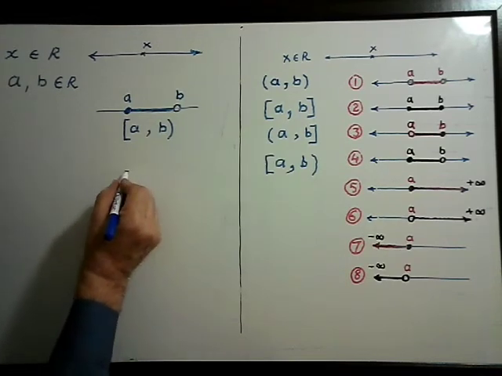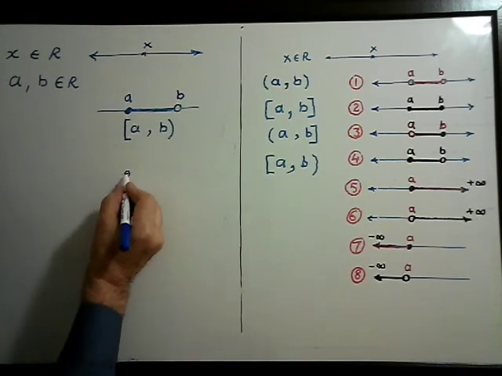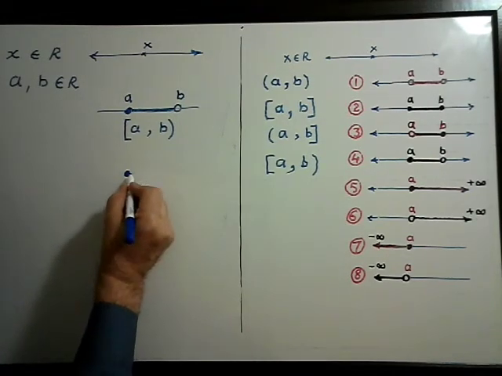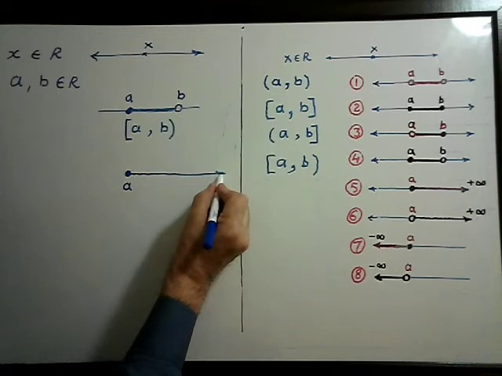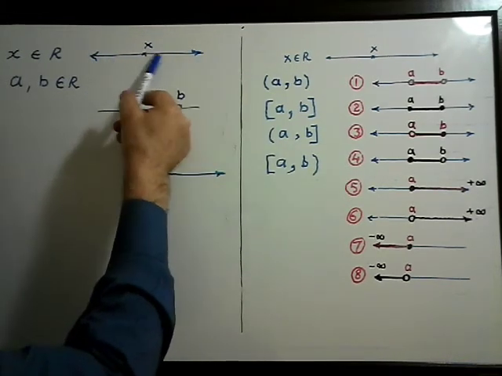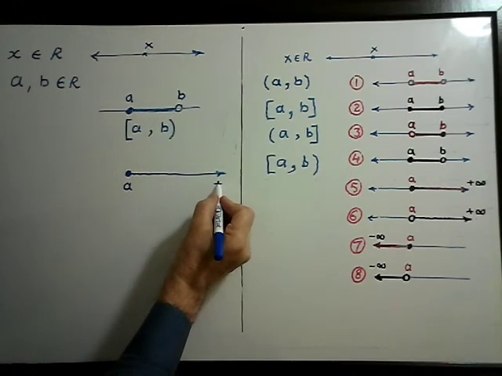This is represented, as you see in number 5 here, by a circle at a, which means closed at a, and going in the positive direction of the real number line to positive infinity.